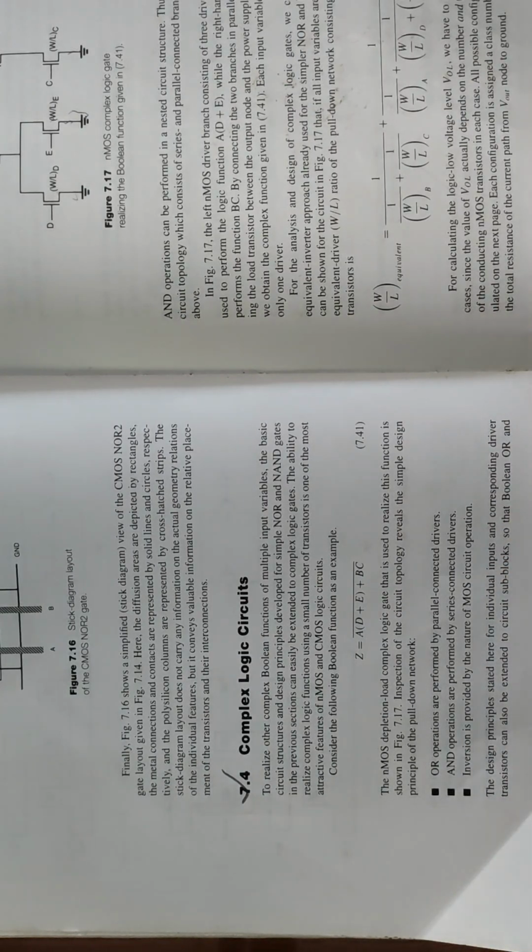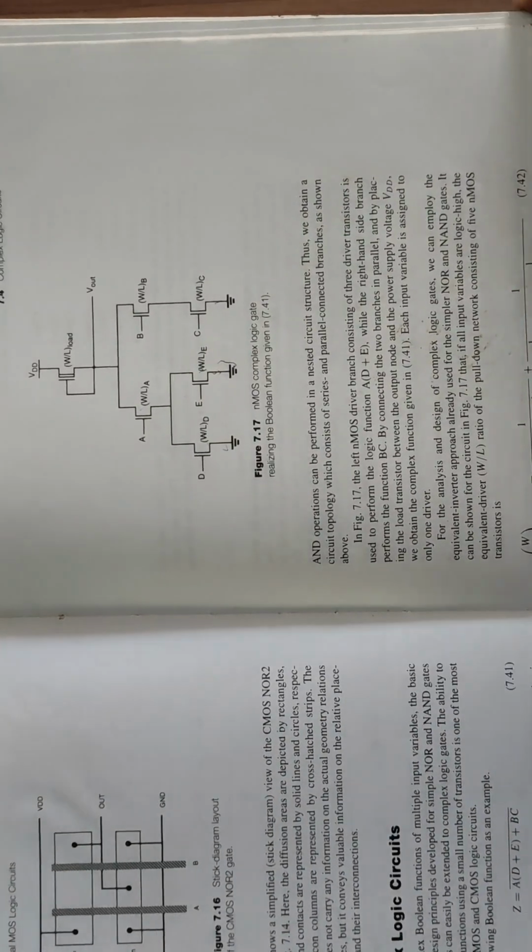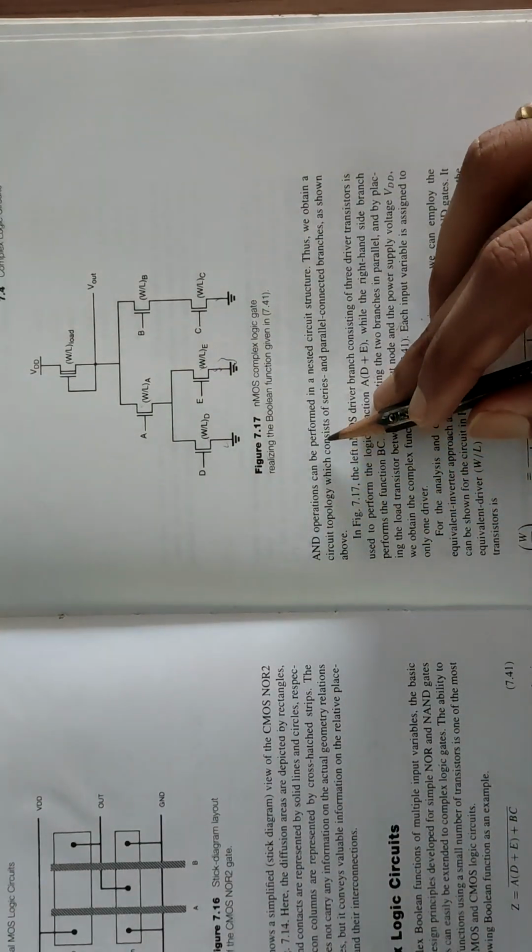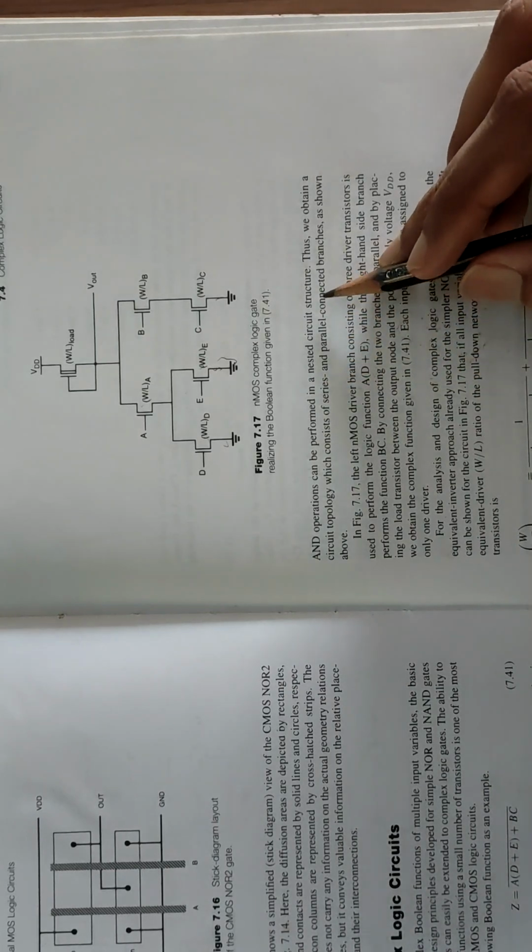The design principles stated here are for individual inputs and corresponding driver transistors, and can also be extended to circuit sub-blocks so that Boolean OR and AND operations can be performed in a nested circuit structure.